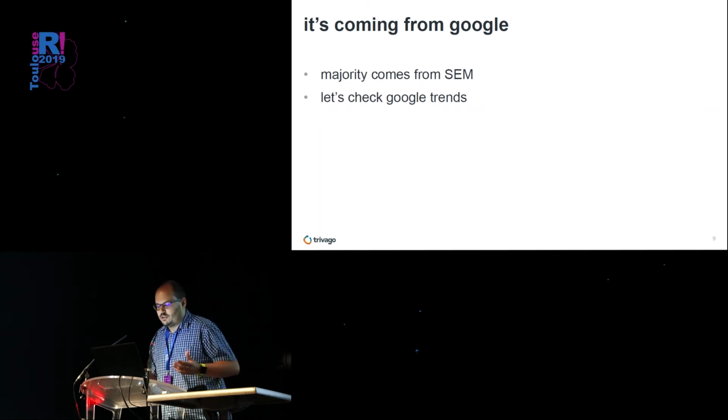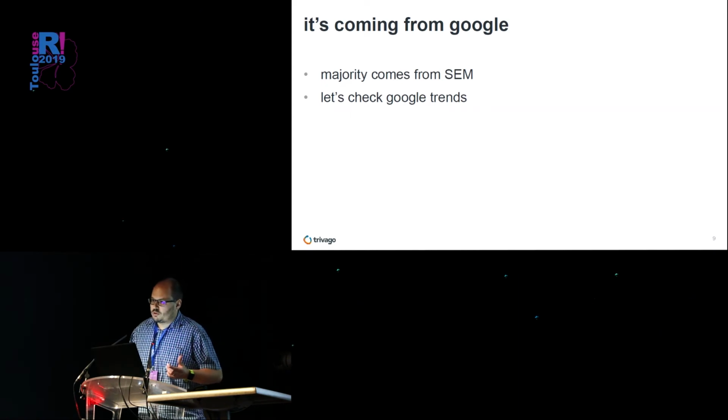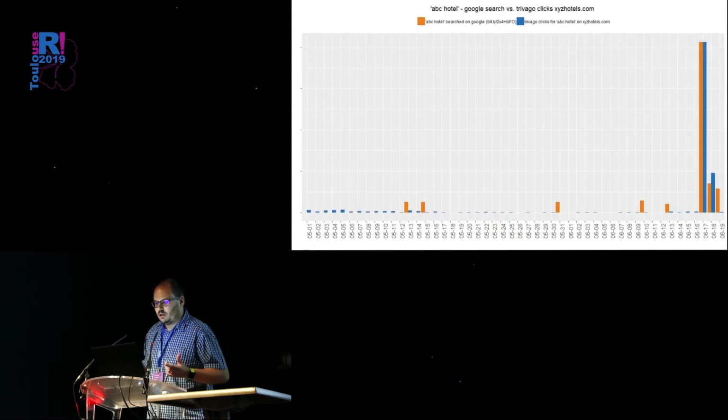So we said, let's check Google Trends. Google Trends is the database, and you can see frequency of how often people are looking for some keywords on Google. So in this case, we can see that ABC Hotel was searched. There was a huge increase for ABC Hotel's Google search on 17th of June. So it explains the huge amount of clicks.